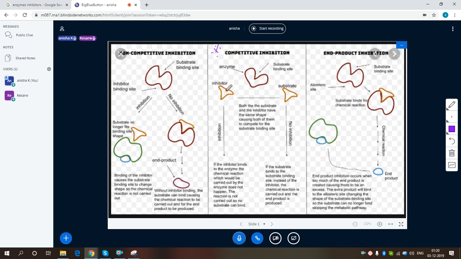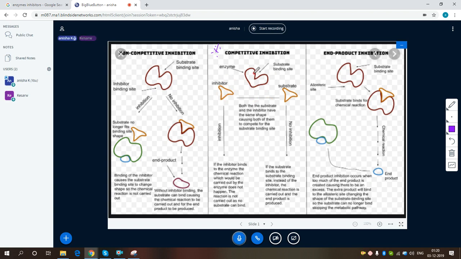Now there is a competition among themselves as to which one is going to go fast and fit into the enzyme. You're getting it? One is a substrate, one is an inhibitor.